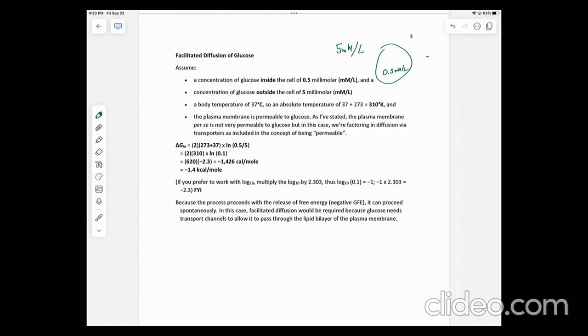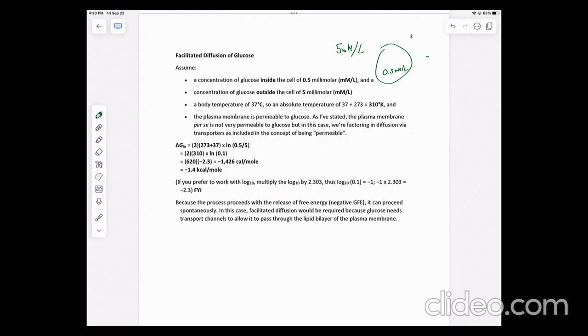So the other thing that I want to say here is we learned earlier that glucose doesn't cross the cell membrane. Okay, the cell membrane is fairly impermeable to glucose, but glucose can diffuse down its concentration gradient across the cell membrane if it has the correct type of transporters there.